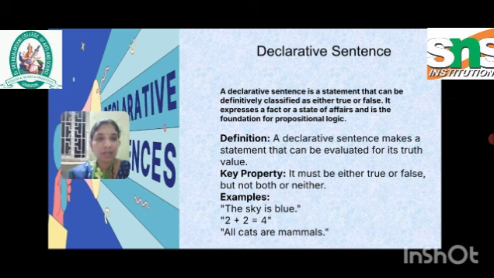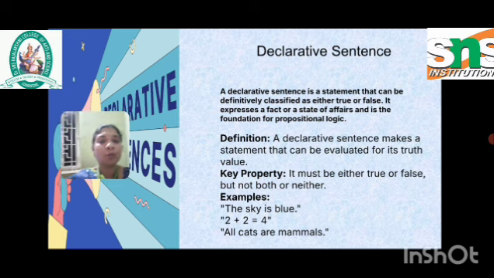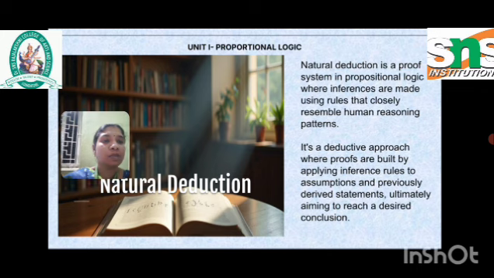It expresses a fact or a statement that is the foundation of propositional logic. Here is a key statement, that is a declarative sentence makes a statement that can be evaluated for its truth value, that is it can be either true or false but not both. These are the declarative sentences.